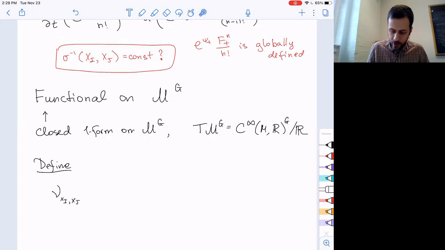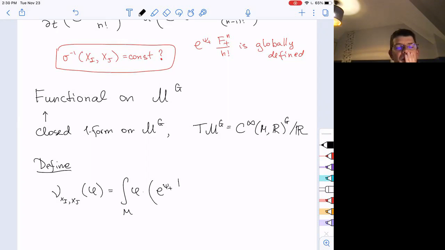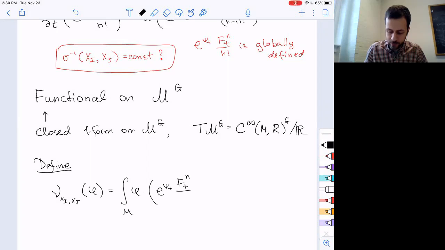It's a one form on this infinite dimensional manifold, so it should take an element of the tangent space, a smooth function. To evaluate it on a smooth function phi, we integrate over our manifold M phi multiplied by the difference of two volume forms, one with respect to F plus, another with respect to F minus.